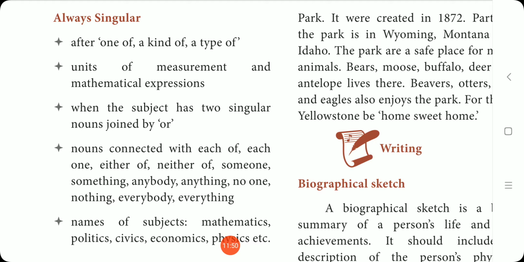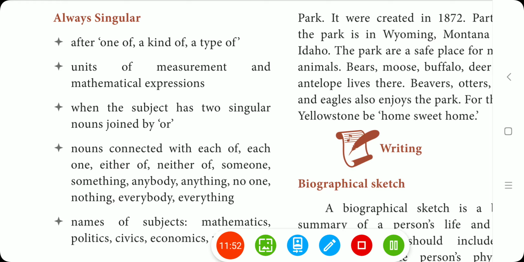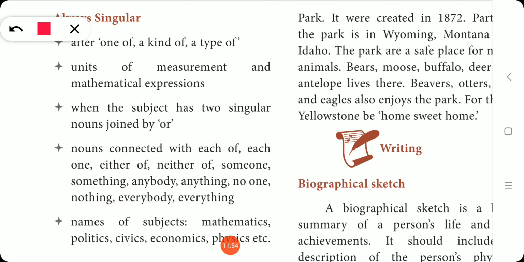See, after one of, kind of, a type of, units of measurements and mathematical expressions, when the subject has two singular nouns joined by or, nouns connected with each one, either of, neither of, someone, something, anybody, anything, no one, nothing, everybody, everything.